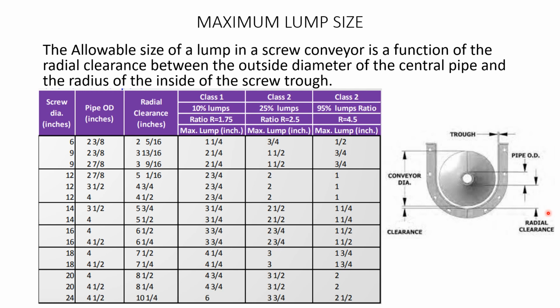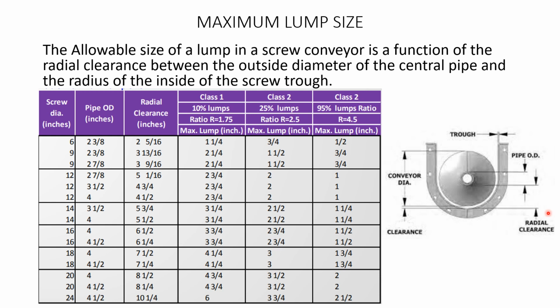Lumps are divided into three categories: class 1, class 2, class 3. Class 1 means 10% are lumps, ranging from maximum size to one half of the maximum, and 90% are lumps smaller than one half of the maximum. That means there are fewer lumps in the material.